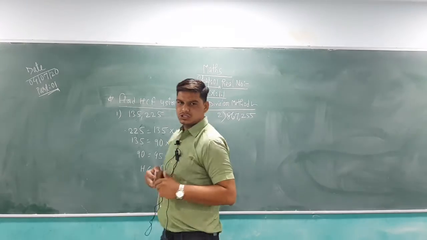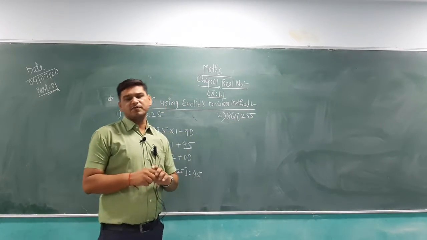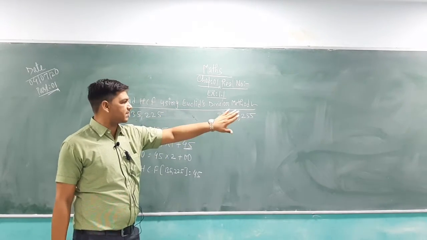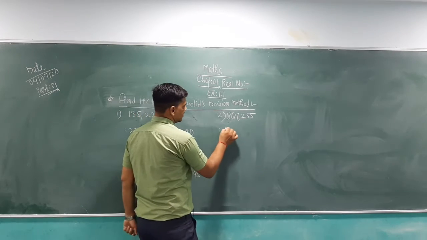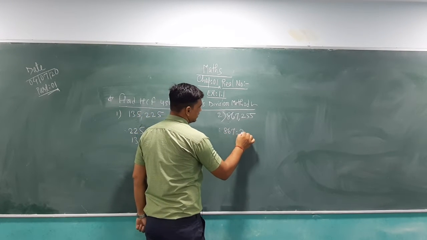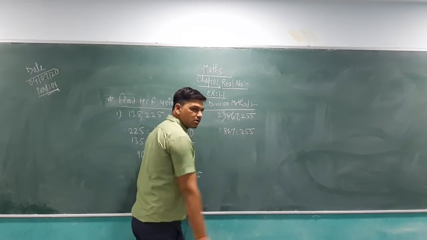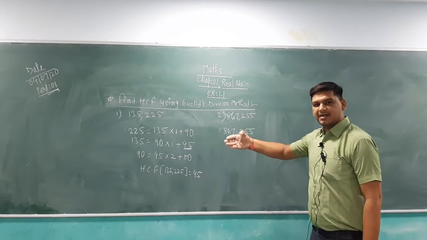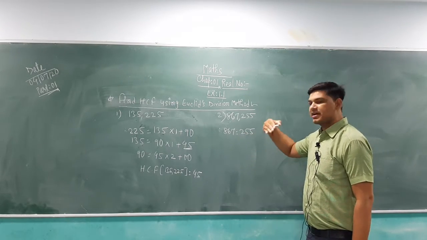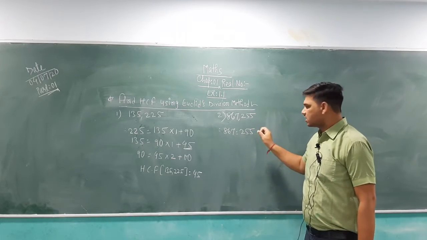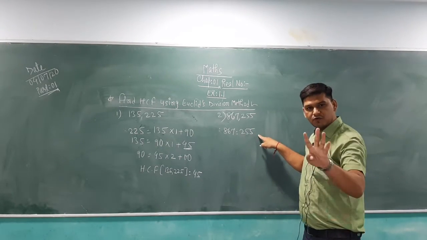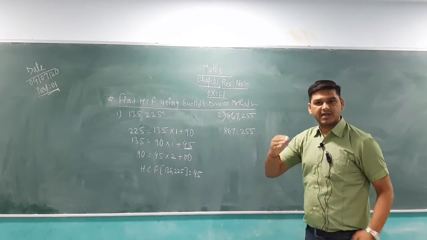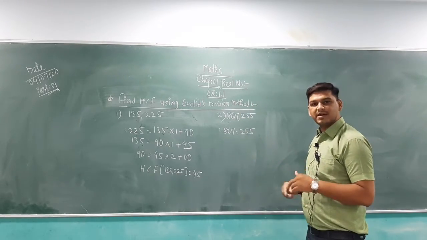How can we find it? See, 867 and 255. If we compare the two numbers, 867 is the larger number and 255 is the smaller number. Now we have to multiply 255 by certain multiples. 255 ones are 255, 255 twos are 510. If we multiply 255 by 4, it goes beyond 1000, so we have to multiply with 3.